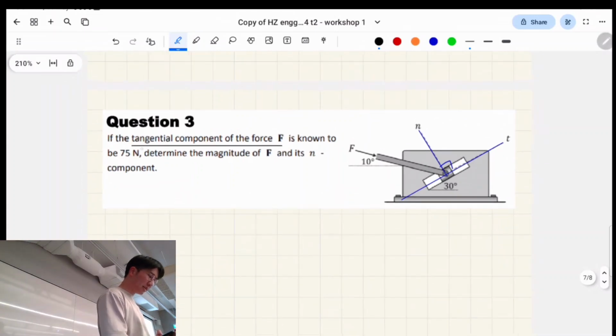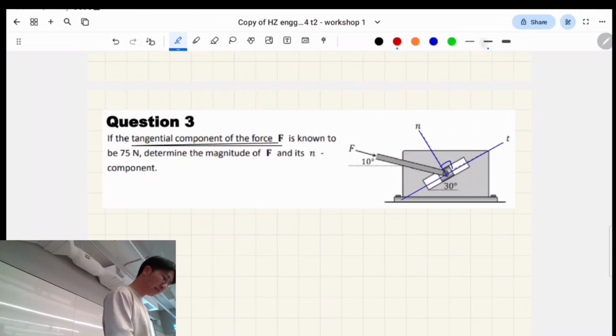Because we know that the tangential component of the force F, if we're looking at it in terms of this, this is like a diagonal vector. We're told this component, which is tangential with the inclined plane, let's call that Ft. We know that's equal to 75 newtons.